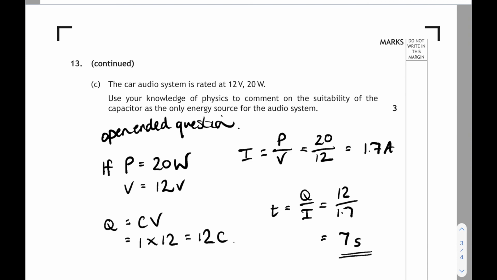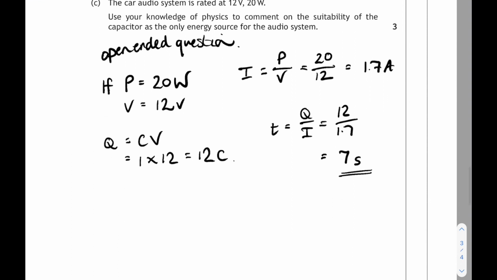And that's just one way that you could answer this question. There are a whole number of other ways and a whole number of other things you could include. You could include the fact that in a capacitor, as soon as it starts discharging, then the voltage will drop. So you won't get a constant 12 volts from the capacitor.